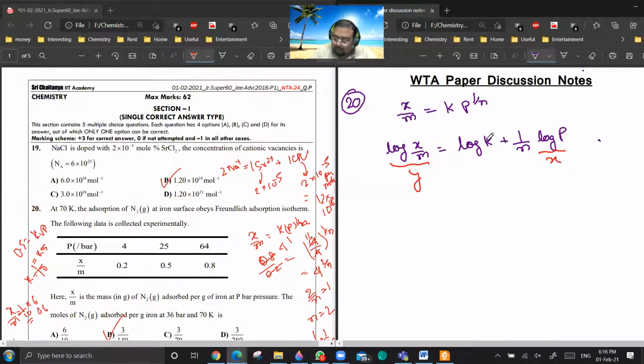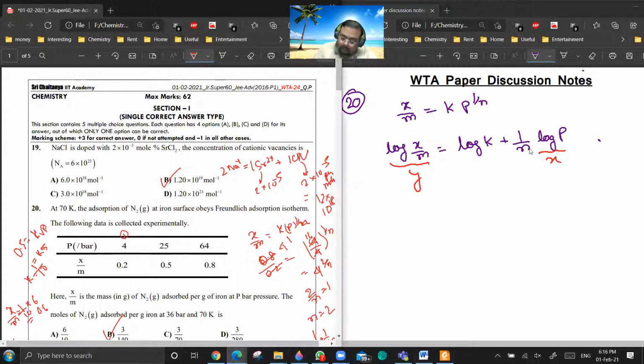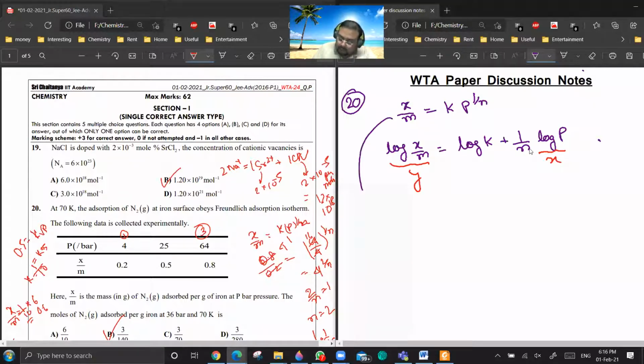The graph is not given, data is given, right? So let us take any one of the data. Which data would be good for us? We have two variables, in fact: log k and 1 by n. Let us take number 1 and number 3. Why? Because if you divide, you will get something like 2 to the power something or 4 to the power something.